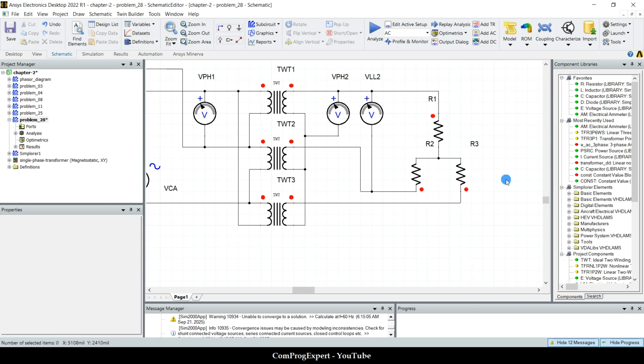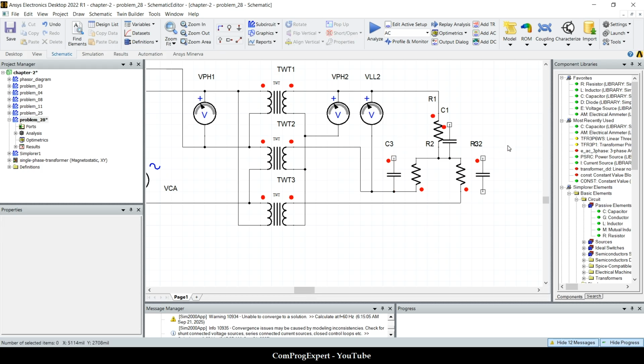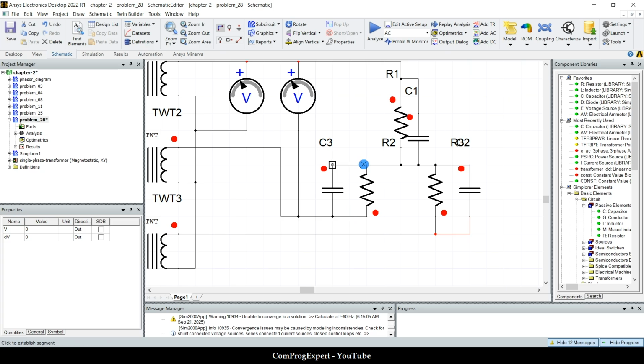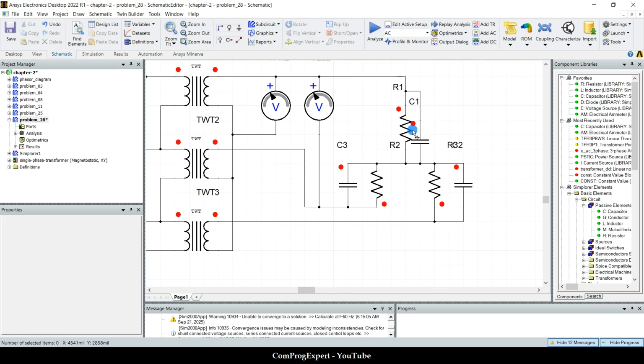How can we have a capacitive load here? We can add this capacitor here in parallel with each branch that we have. So let's make the connections, this one, and finally this capacitor. So we should set the value of the resistance and the capacitance of these elements.